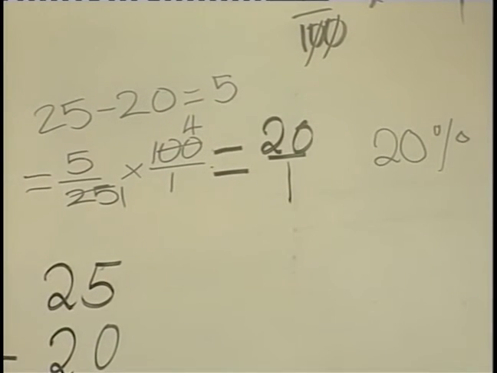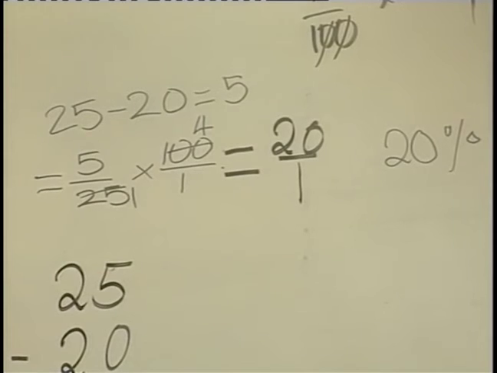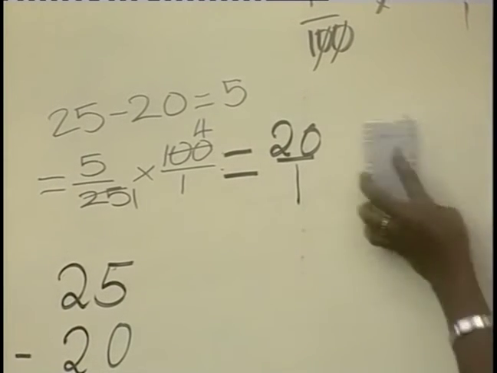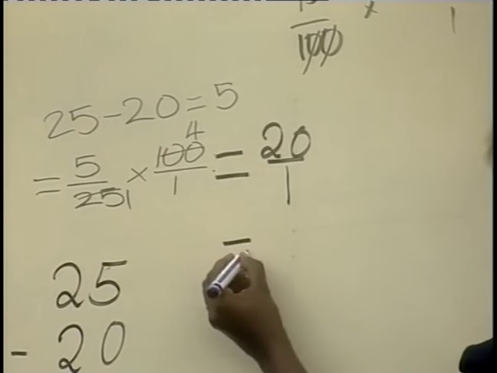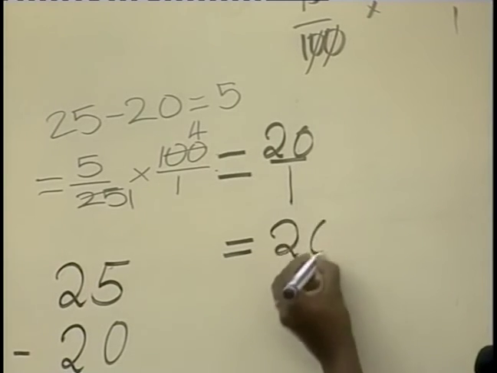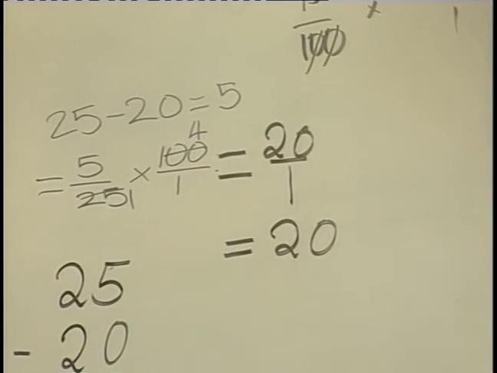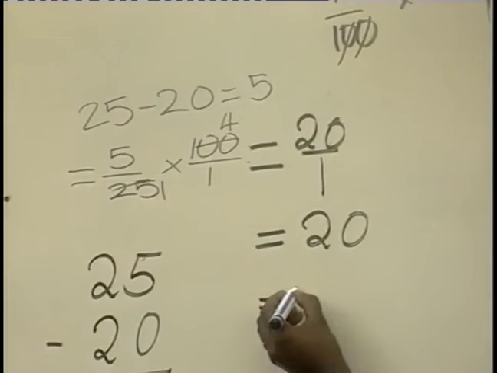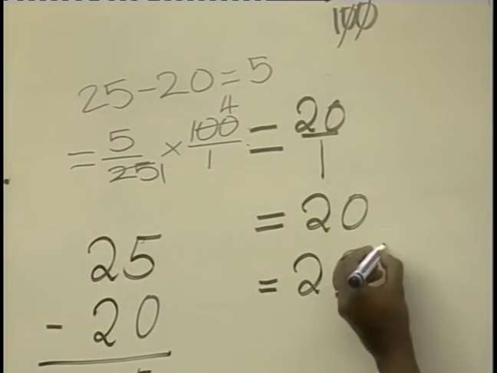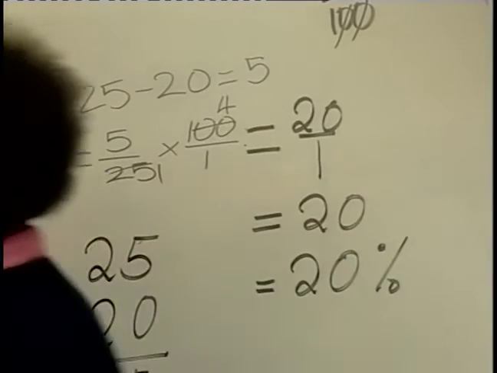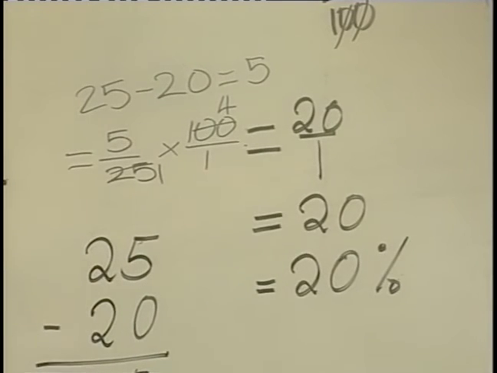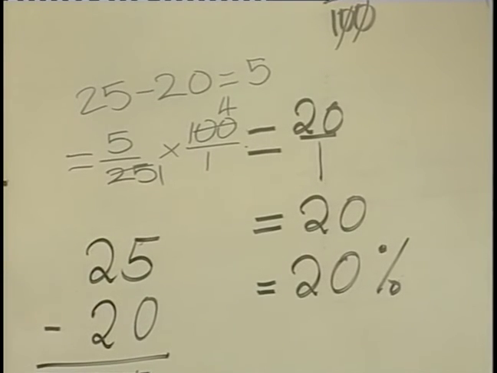So the answer to question number B is what? 1 into 20 goes 20. We are asked to find the percentage discount, which is 20%. Check to see that you have those two different answers in your books.